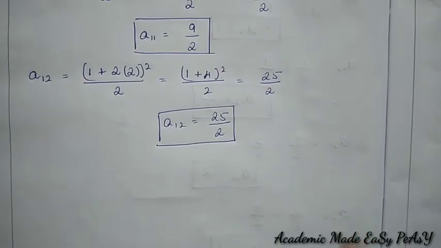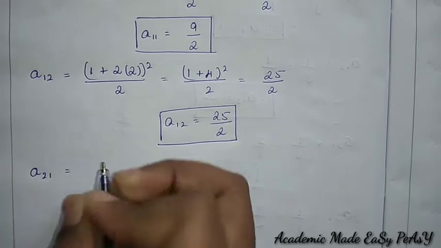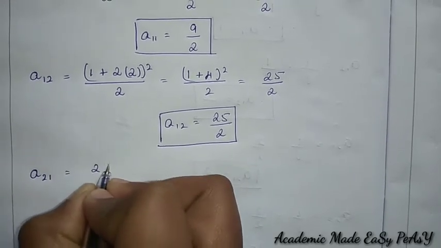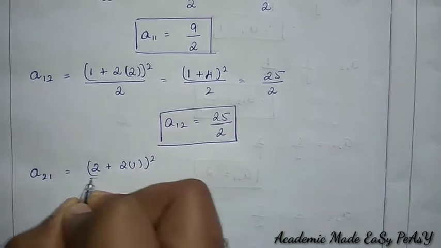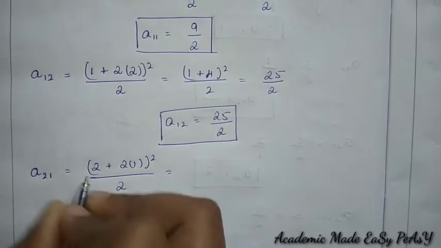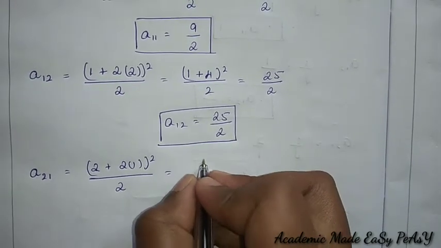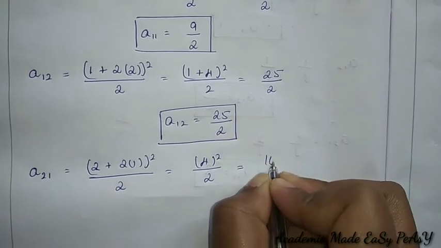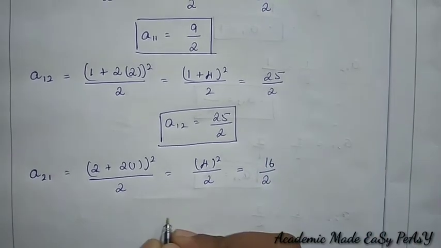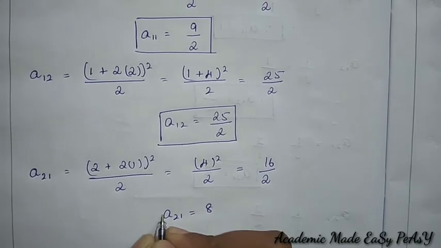So now I will see the second row, first column element. So (2 plus 2 into 1) the whole square divided by 2. My i value is 2 and my j value is 1. So 4 square divided by 2 is equal to 16 divided by 2. Therefore, my A21 element is 8.